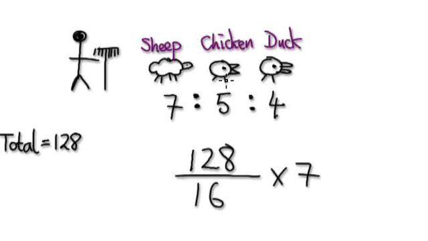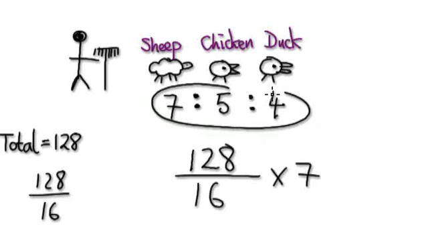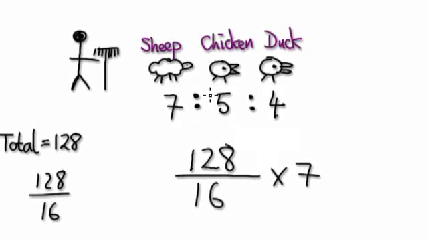And if you want to find out the number of chickens, get your whole amount, 128, and cut it up into 16 equal parts, because if you add up all of these, you're going to need 16 equal parts. Then take 5 parts.